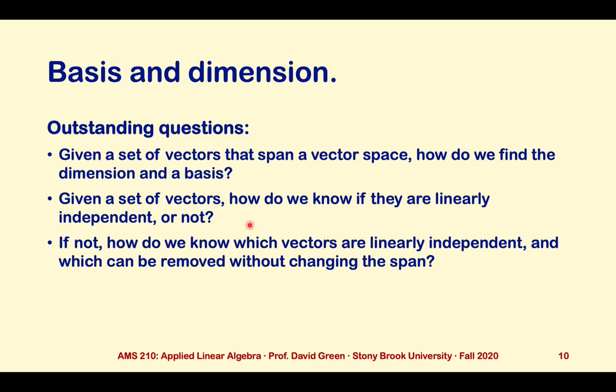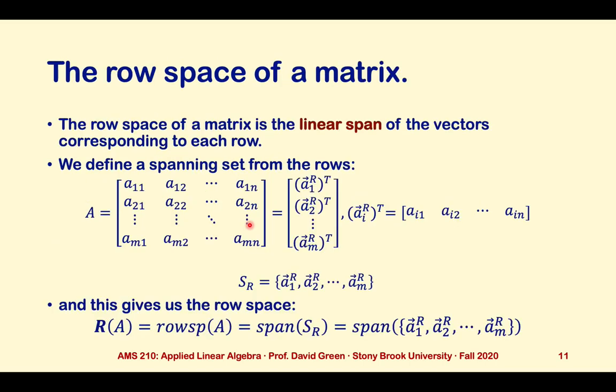So how can we address some of these ideas? One approach is focused on an idea that we've already discussed in detail, elimination, and relating this back to the row space of a matrix. Remember that the row space of a matrix is simply the linear span of the vectors corresponding to each row.